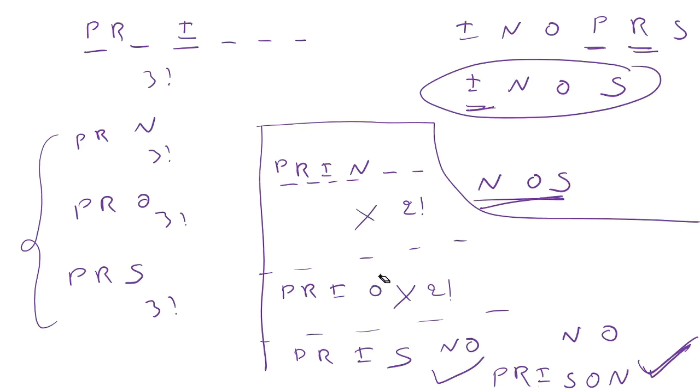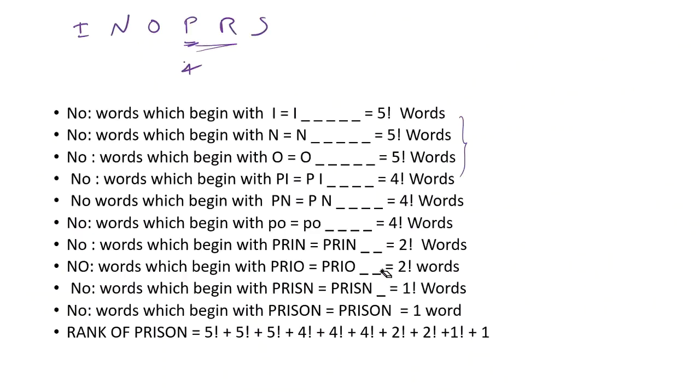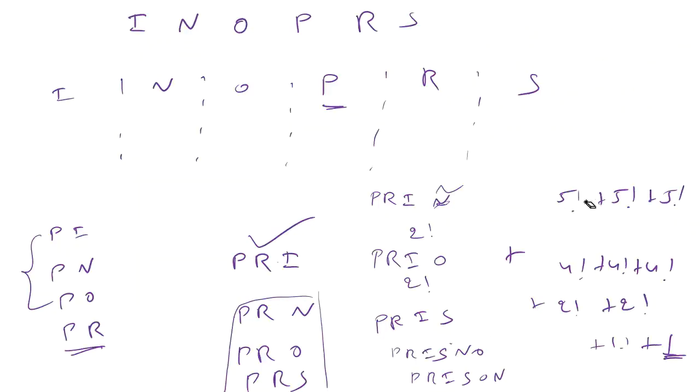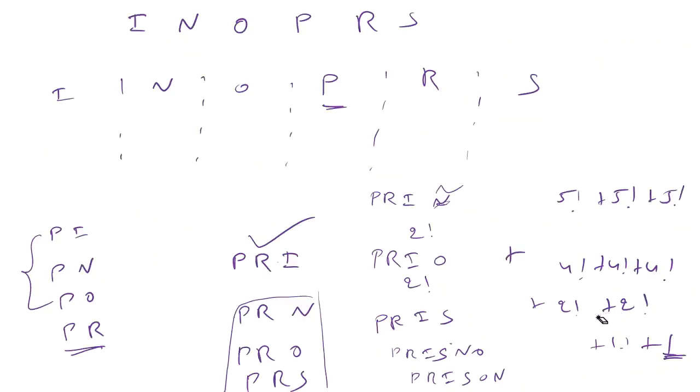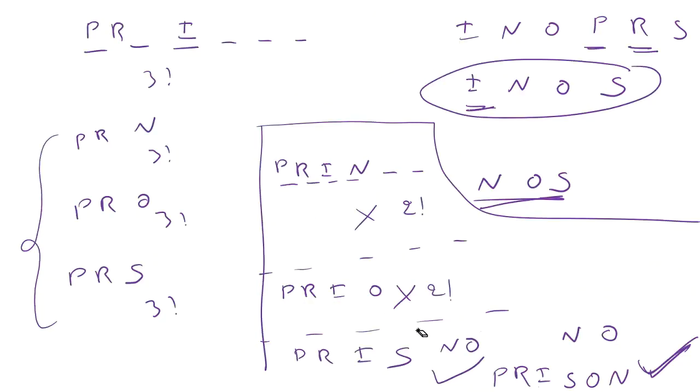So on the whole we have 5 factorial plus 5 factorial plus 5 factorial plus 4 factorial plus 4 factorial plus 4 factorial. After coming here we have 2 factorial plus 2 factorial, and then we have this one, PRIS.